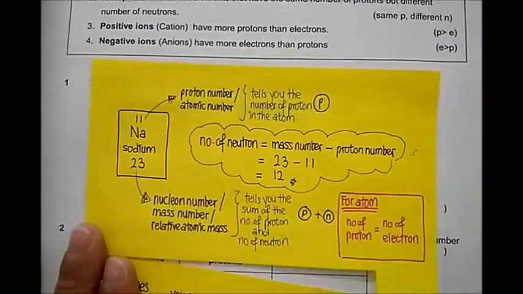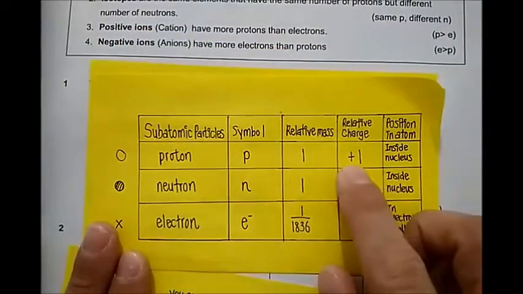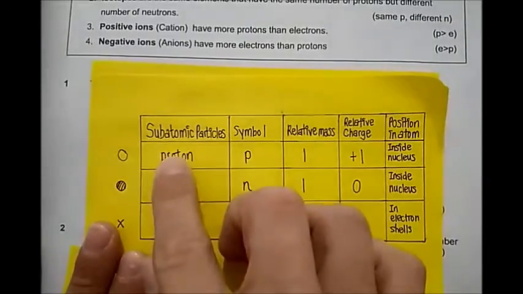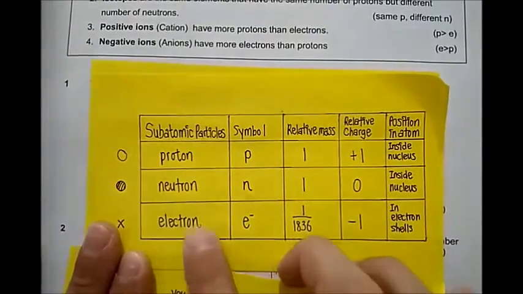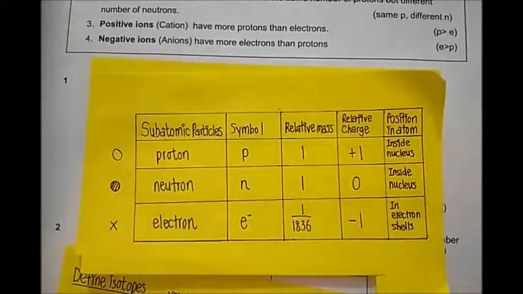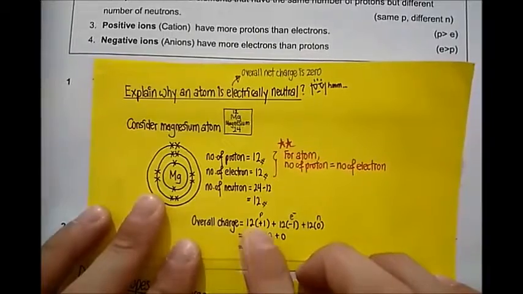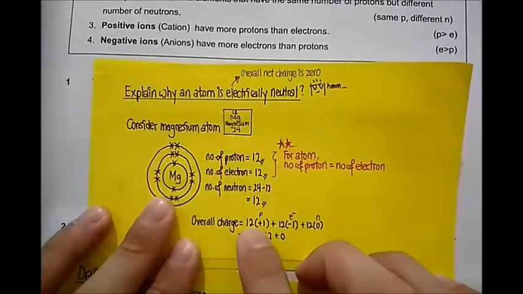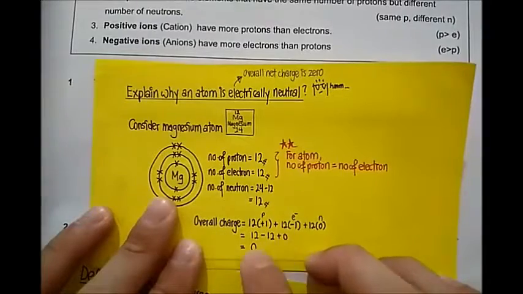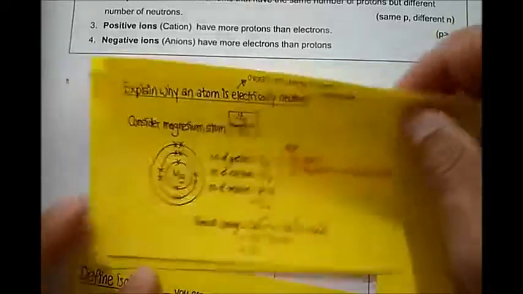Since the charge of the proton is positive 1 and the charge of the electron is negative 1, if they have the same number of protons and electrons, it will cancel out the charge and the charge will be 0, as per this example. For magnesium, they have 12 protons and 12 electrons. Positive 12 plus negative 12, you get 0. Hence, the overall charge is neutral for an atom.